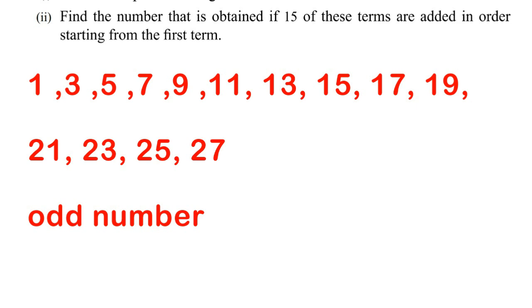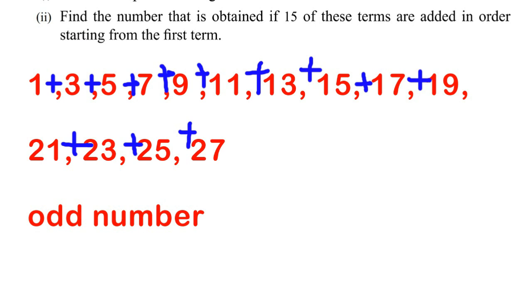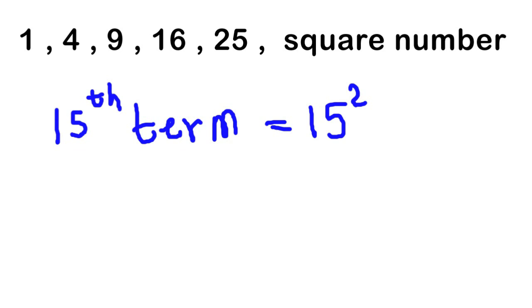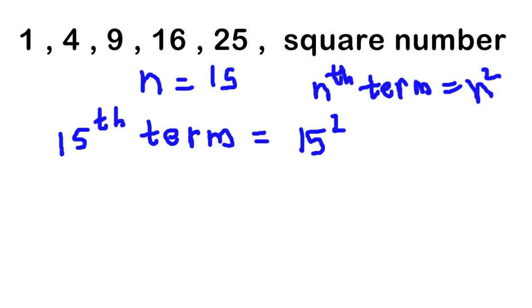Find the value that is obtained if 15 terms of this odd number pattern are added in order, starting from the first term. If you add the first 15 terms in this odd number pattern, you can obtain the 15th term value of the square number pattern.